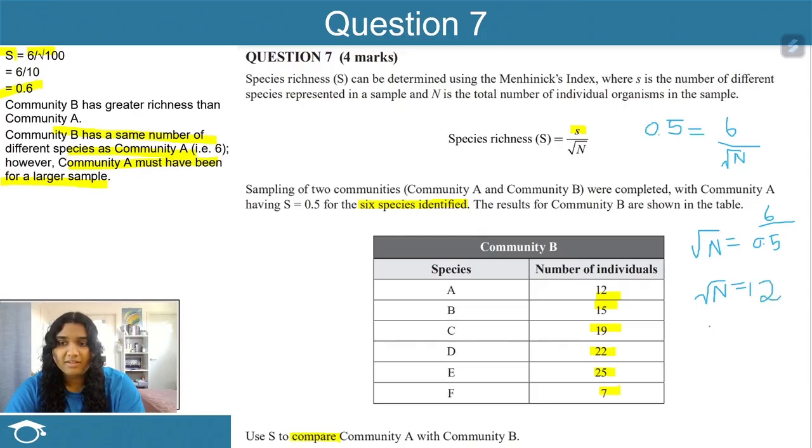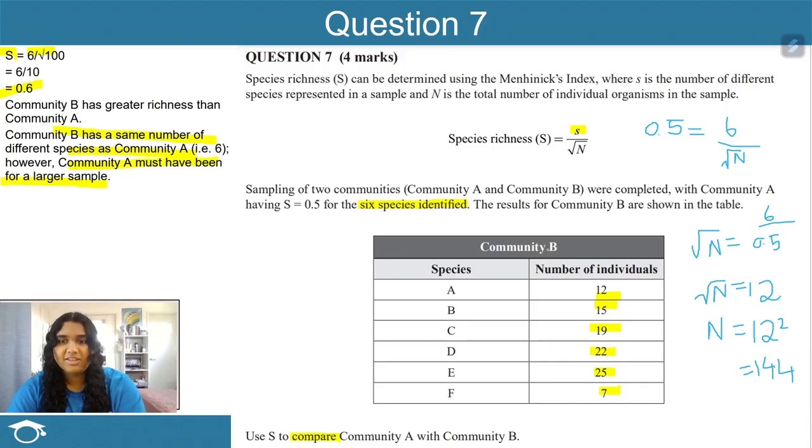Then N would be equal to 12 squared, which is equal to 144. There, we've just proven that community A's sample size of 144 is larger than community B's sample size of 100. And that is the significant statement you need to get full marks in this question.